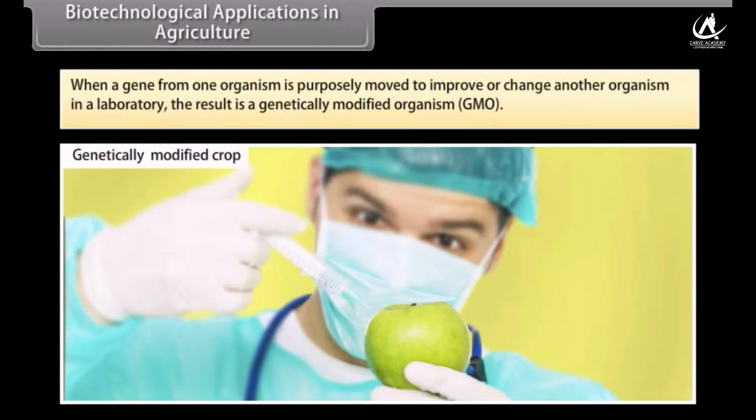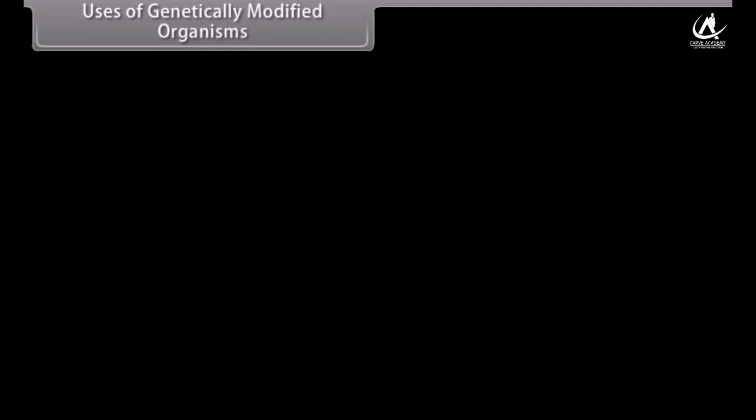When a gene from one organism is purposely moved to improve or change another organism in a laboratory, the result is a genetically modified organism, GMO. Uses of genetically modified organisms.